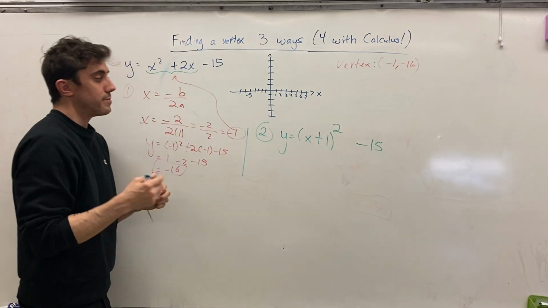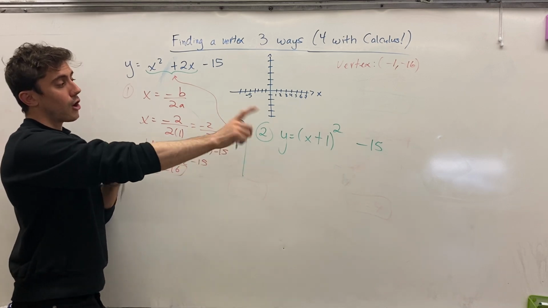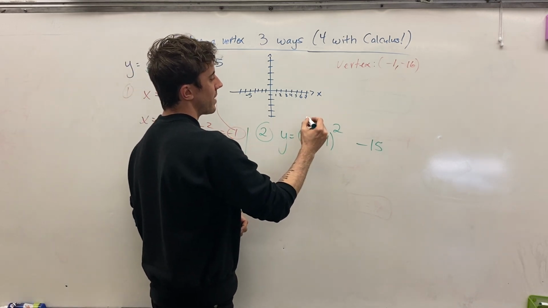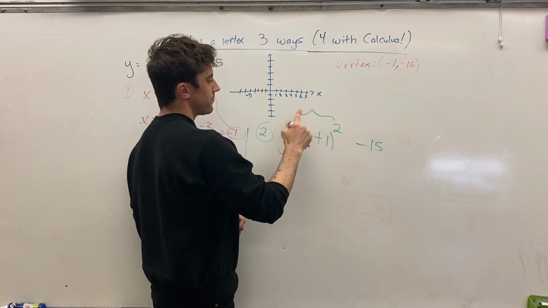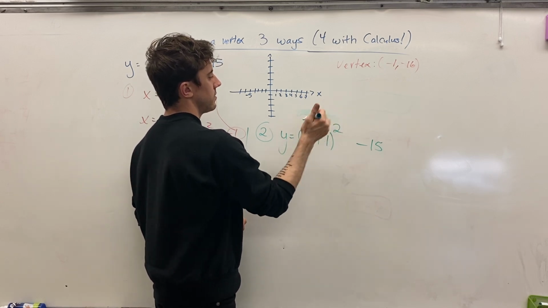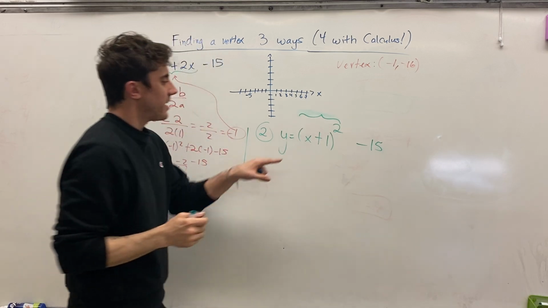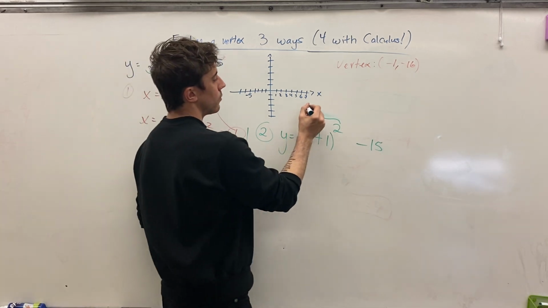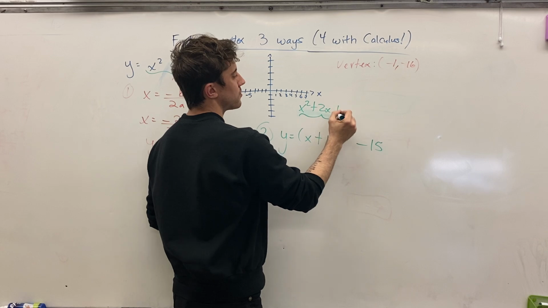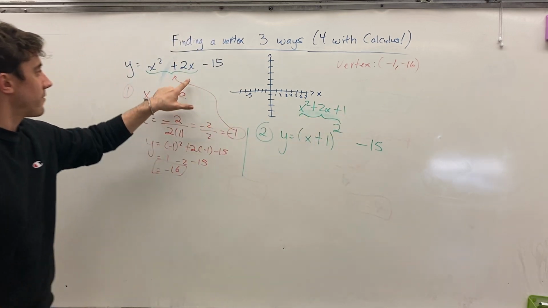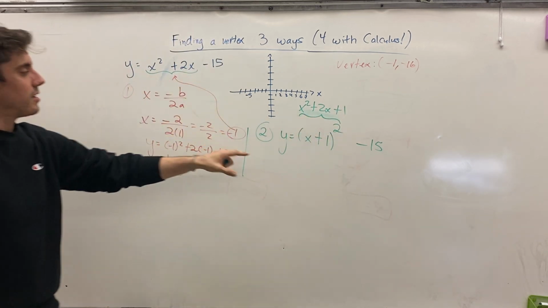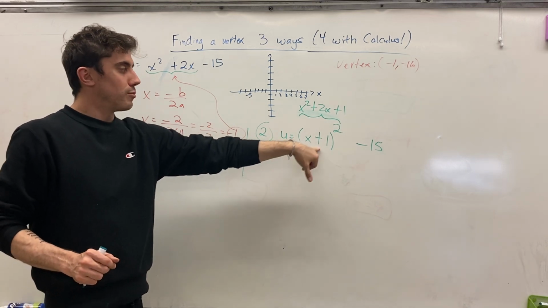Now what we have to be mindful of is that x plus 1 all squared, if we actually expand that, just this part, that's a horrible symbol, pardon me. If we did expand this back out, what we get is x squared plus 2x plus 1. Now that plus 1 is not found in here. We just created it out of thin air by wanting to write a binomial all squared.